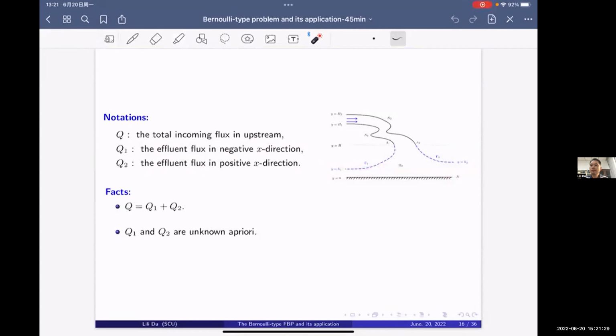As a simple fact, Q equals Q1 plus Q2. However, in this work, Q is a given quantity in our problem, and Q1, Q2 are unknown a priori. Once we determine one quantity, the other quantity is fixed.